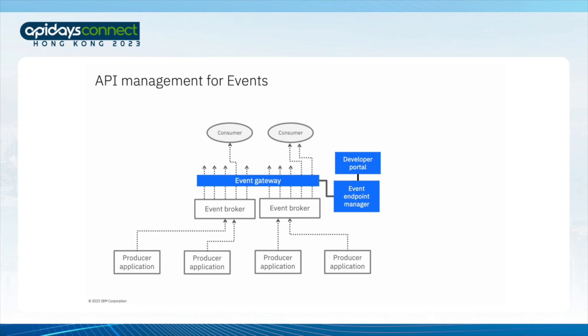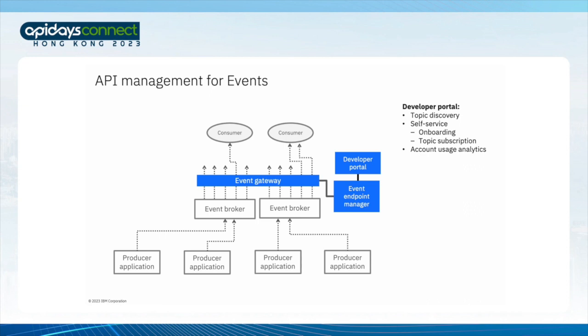And finally, they'll need that developer portal or catalog, somewhere that the developers of consuming applications can discover the queues and topics that are available within their enterprise. As before, ideally this would be something that enables self-service access, so developers can create the credentials they need for their applications to start consuming events from these queues and topics, all without needing to contact the owners of the topics or producing applications.